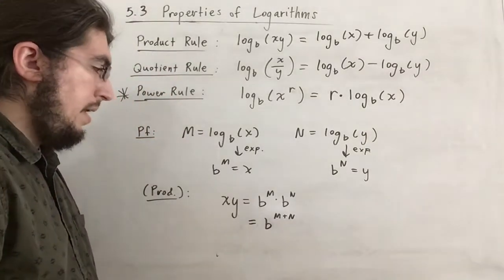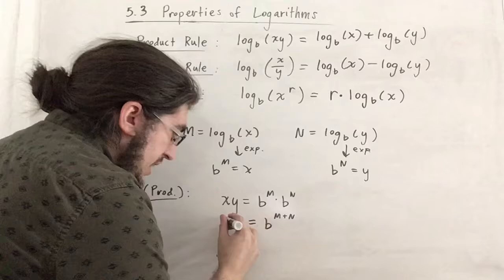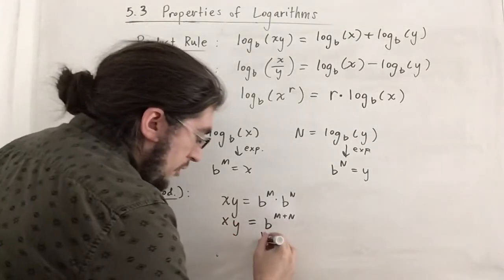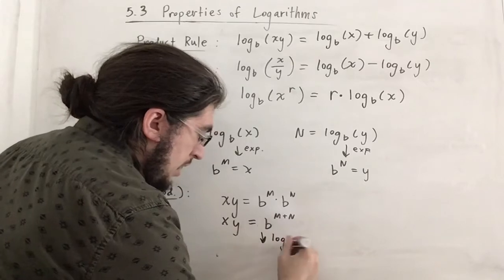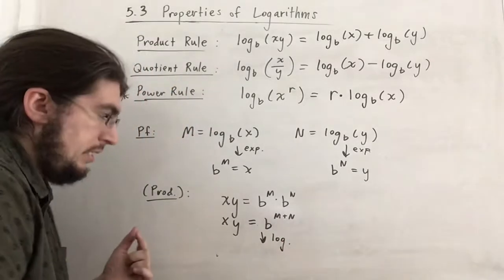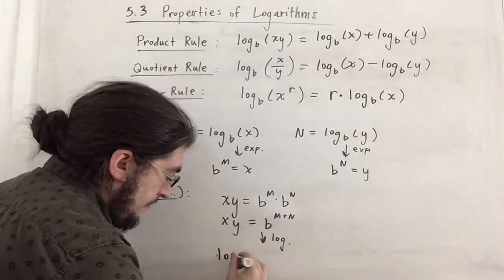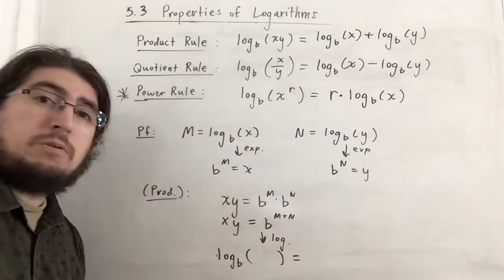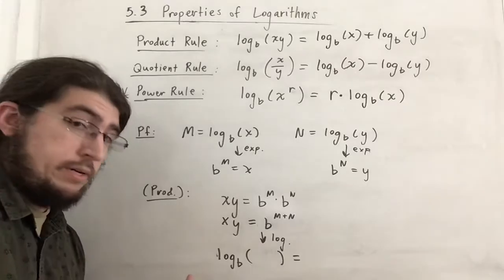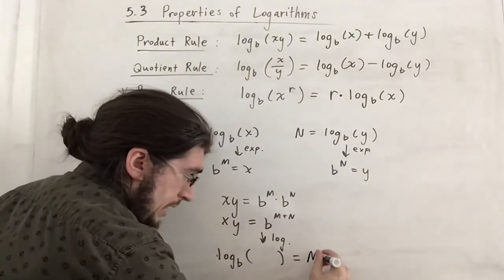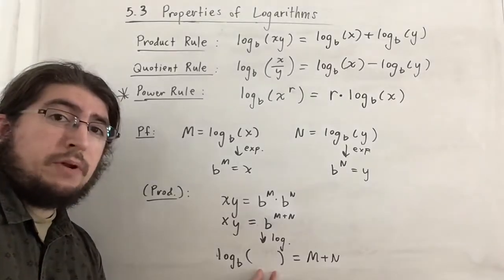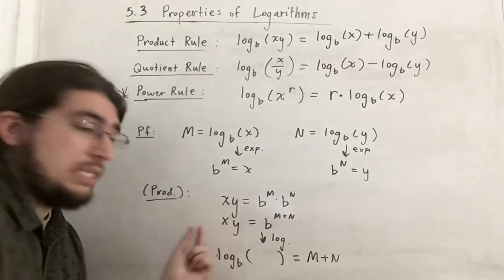Okay, now what? Well, now that we have this equation here, converting this to logarithm gives us log base b of something equals something. Remember, logs solve for the powers. So the power here is m plus n. And that something is the other number we haven't used yet, which in this case is xy.